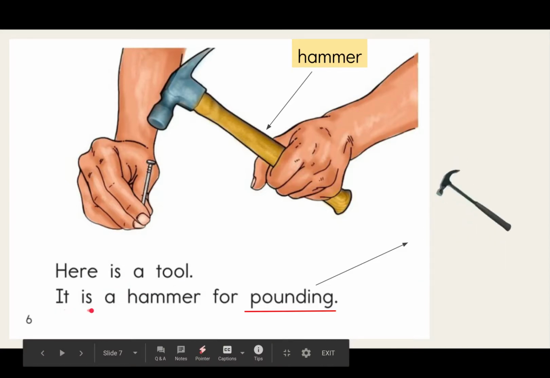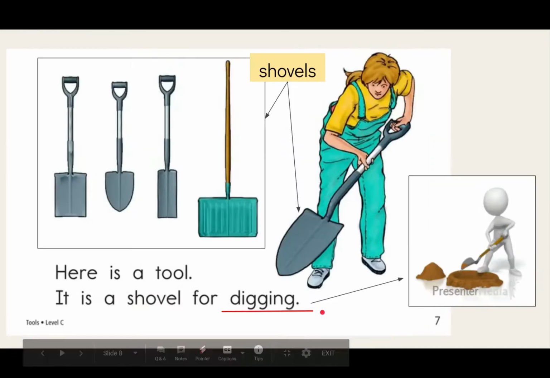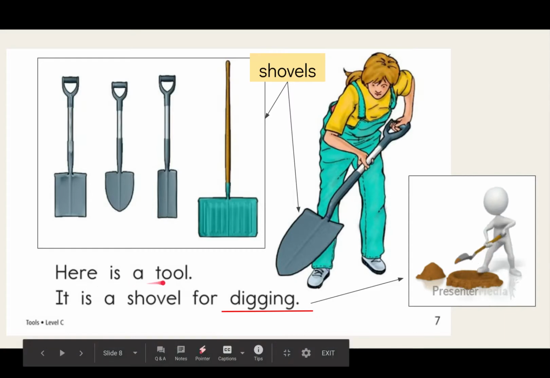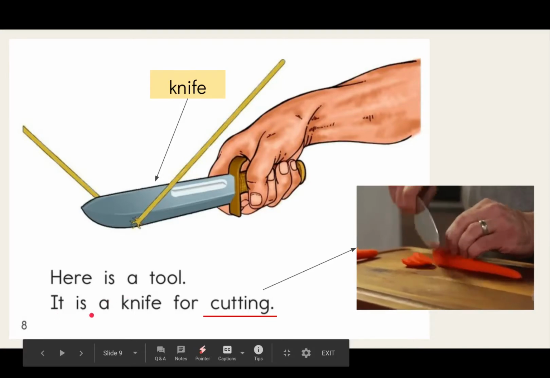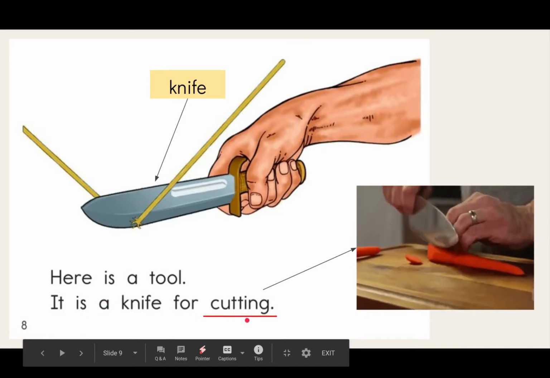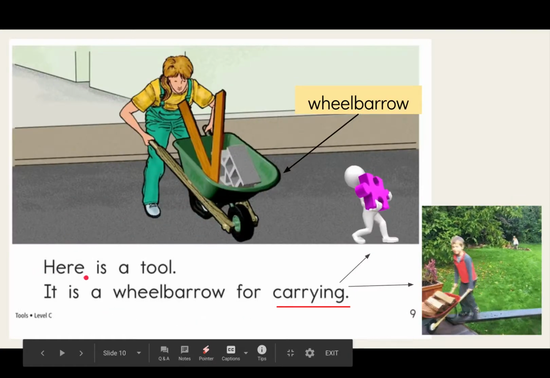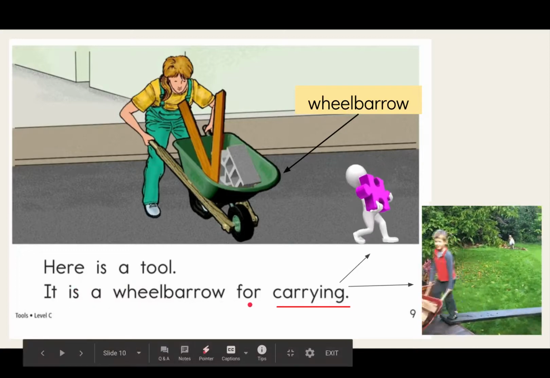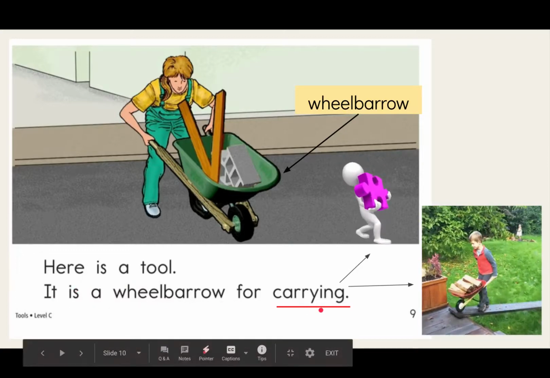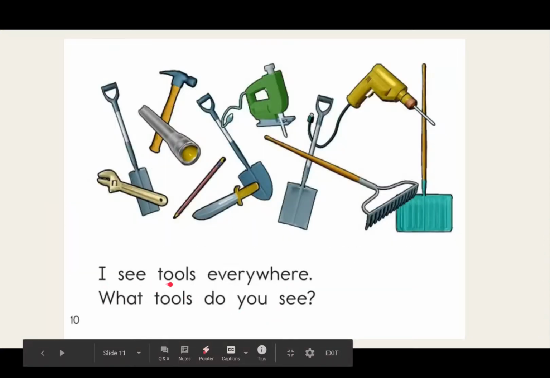It is a hammer for pounding. Here is a tool. It is a shovel for digging. Here is a tool. It is a knife for cutting. Here is a tool. It is a wheelbarrow for carrying. I see tools everywhere. What tools do you see?